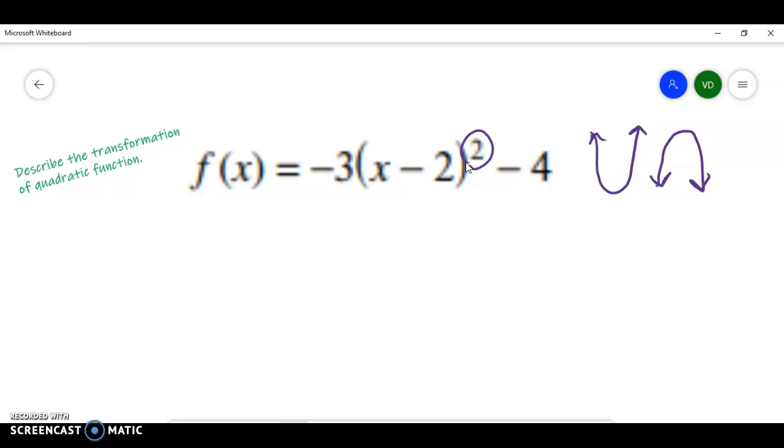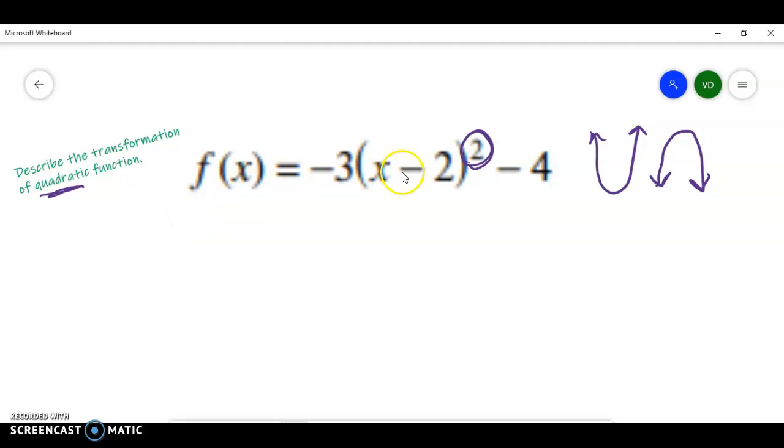But we know that that little 2 as the exponent means quadratic, whether it's written in standard form, in vertex form, or simply as x squared. Anytime we have 2 as an exponent, it is automatically quadratic.